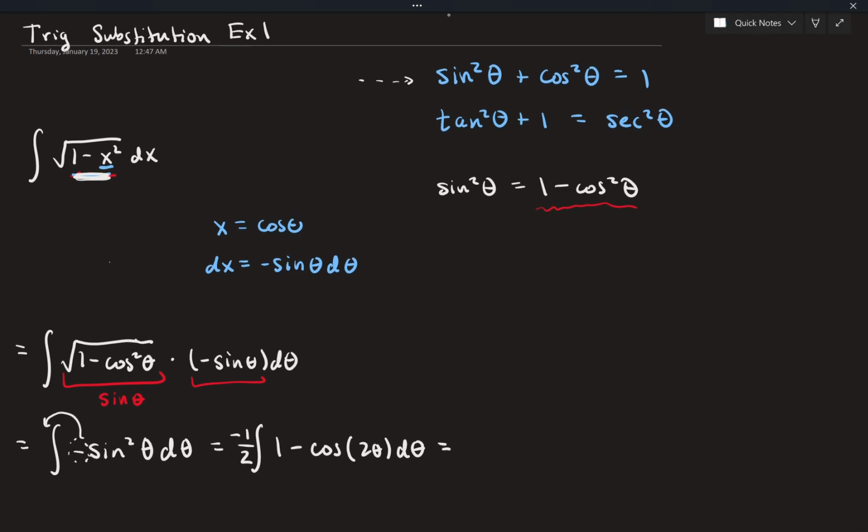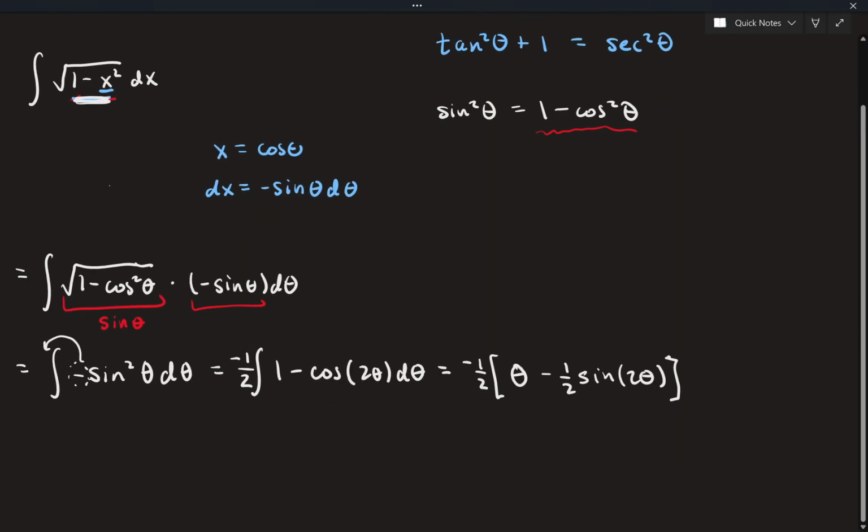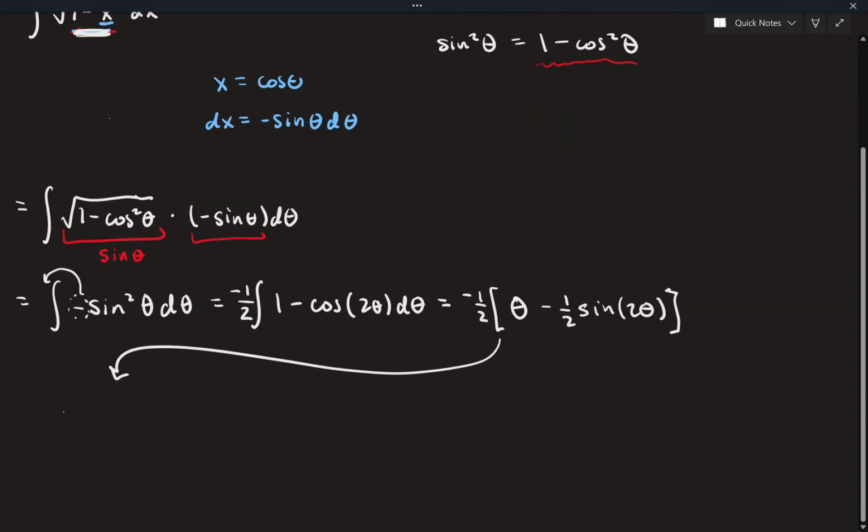which is negative 1/2 times theta minus 1/2 sine 2 theta. So let me draw my arrow to say this is going down, and I get negative 1/2 theta plus 1/4 sine of 2 theta.